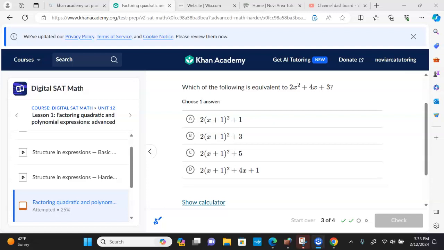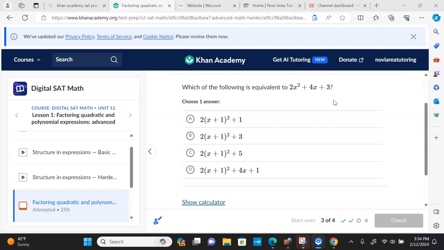We're dealing with lesson one, factoring quadratic and polynomial expressions advanced. What we have is a quadratic, and then we have four choices, and it looks like a standard factored form.